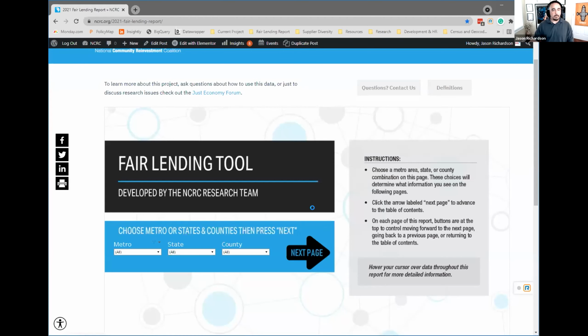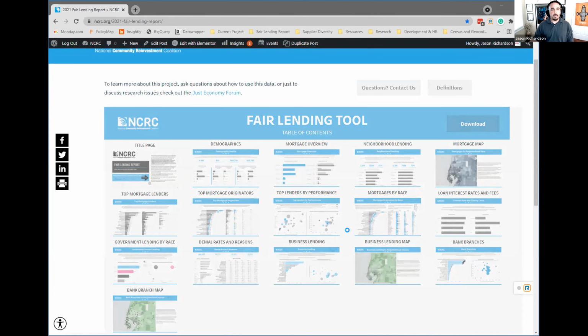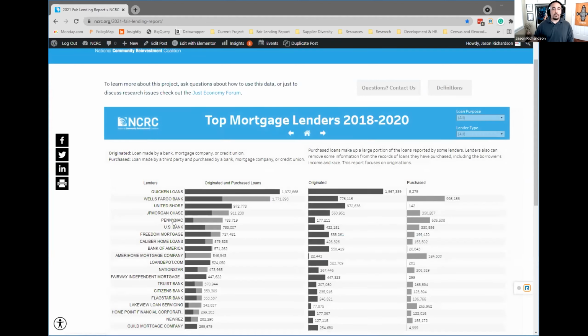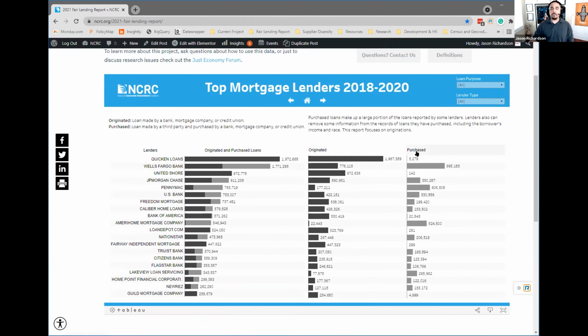I just want to look at the top mortgage lenders, and this is national. I just don't have the filter set right now, but since you couldn't really see it well earlier, I just want to show it to you. So we do look at the top lenders by both originated loans and purchased loans. What Wally's talking about here are these purchased loans and their distribution.